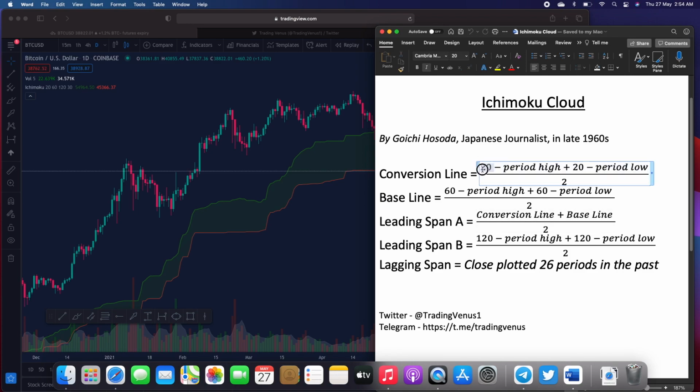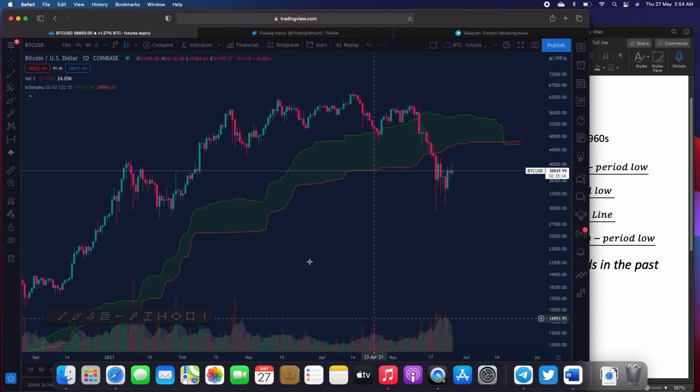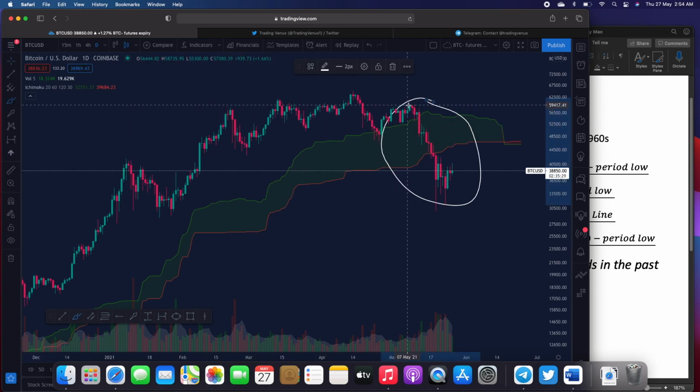We take this value 20 because in the settings we have used 20. In that 20-day period, we calculate the highest high and also the lowest low. So for example, in this period of 20 days, the highest high would be this point and the lowest low would be this point. The Japanese consider the highs and lows as more important compared to the Western form of finance, where the closing and opening points are given more importance.